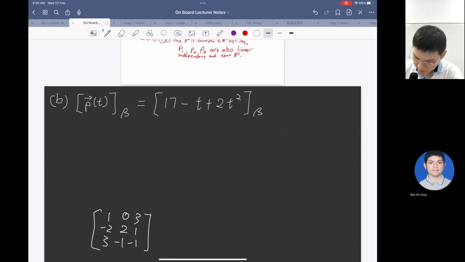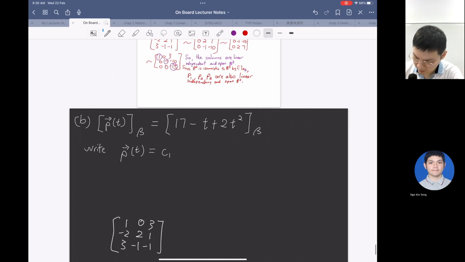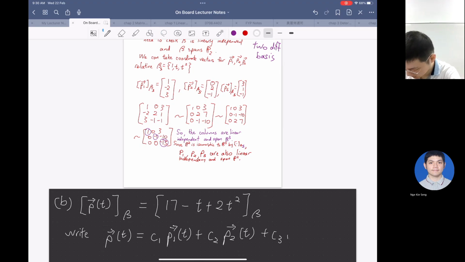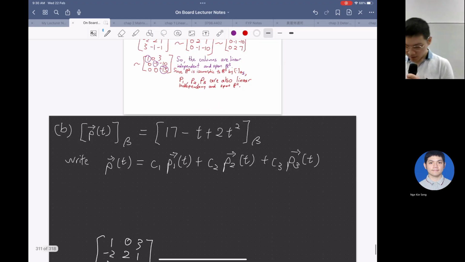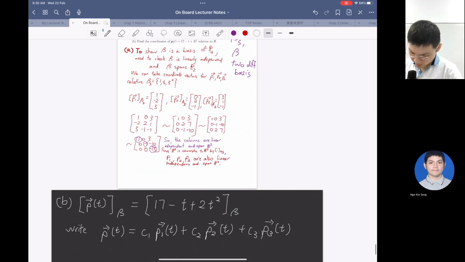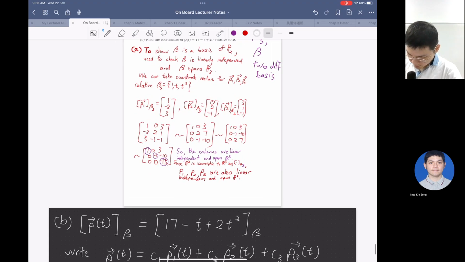So this means that you need to write PT as c1 times p1 t plus c2 times p2 t plus c3 times p3 t. But you can see that this p1 is a long thing.